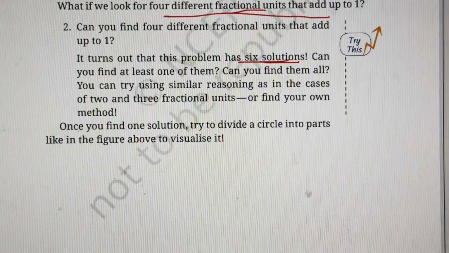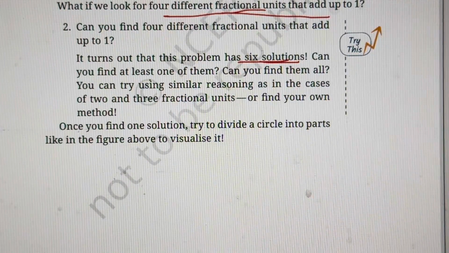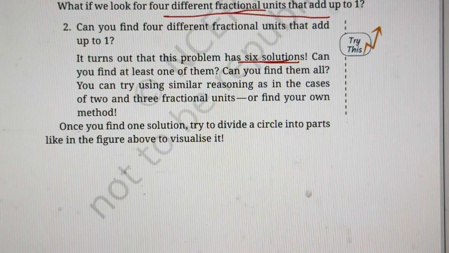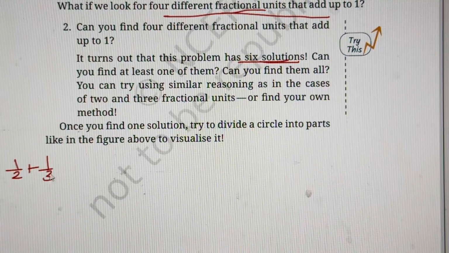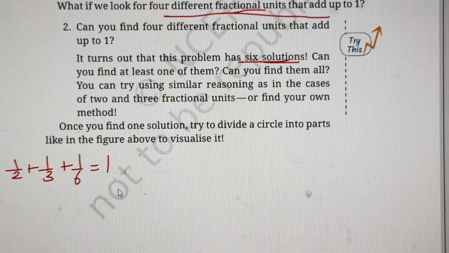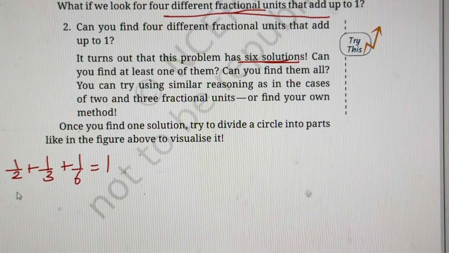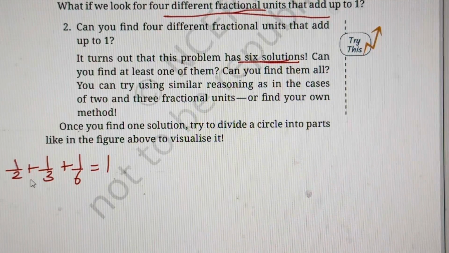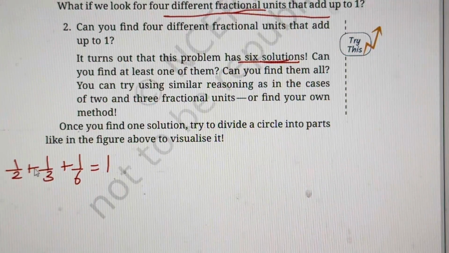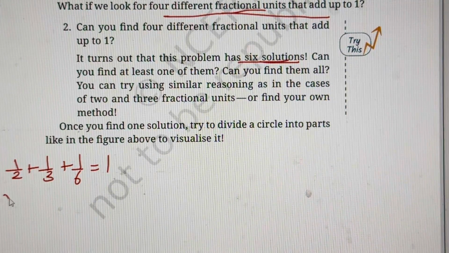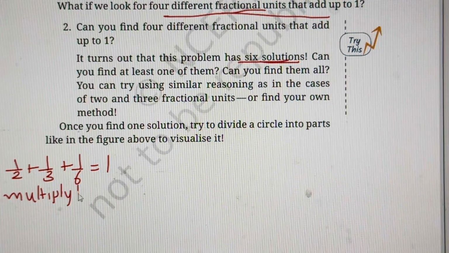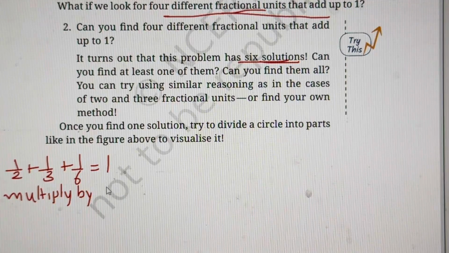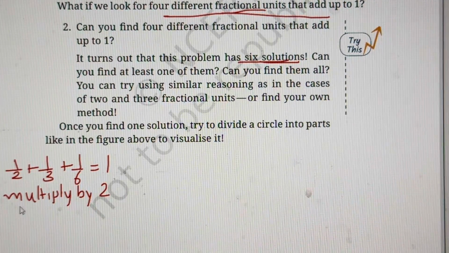So if we start with this which we just understood, the 3 different fractional units which give you 1. Now here we try to replace this 3, we make it 4. How do we do it? Let us see. If we multiply all the denominators by 2, what will happen?